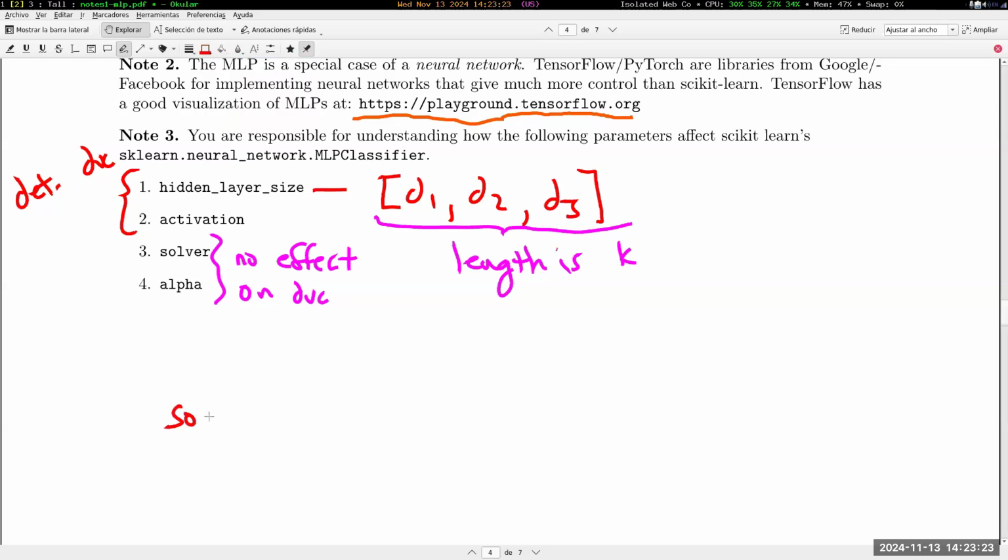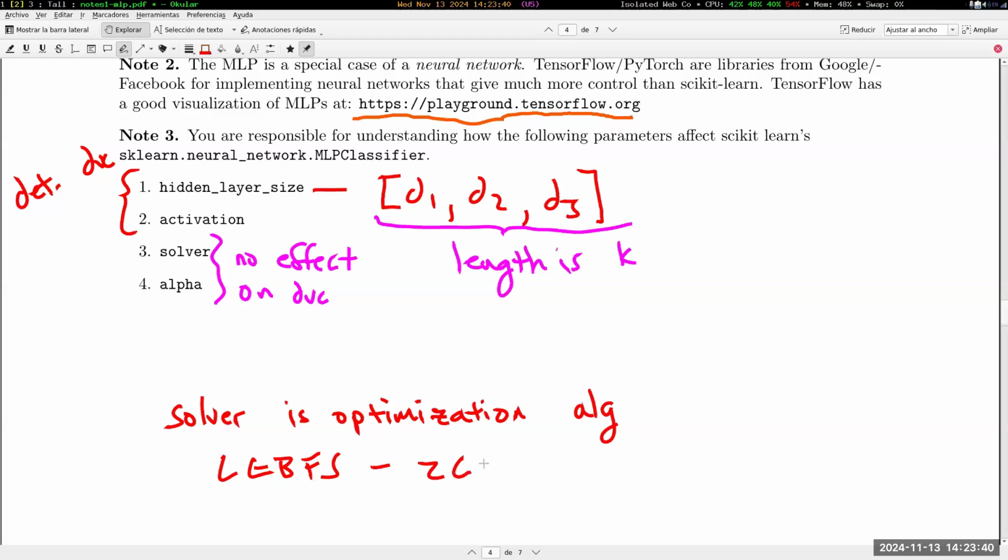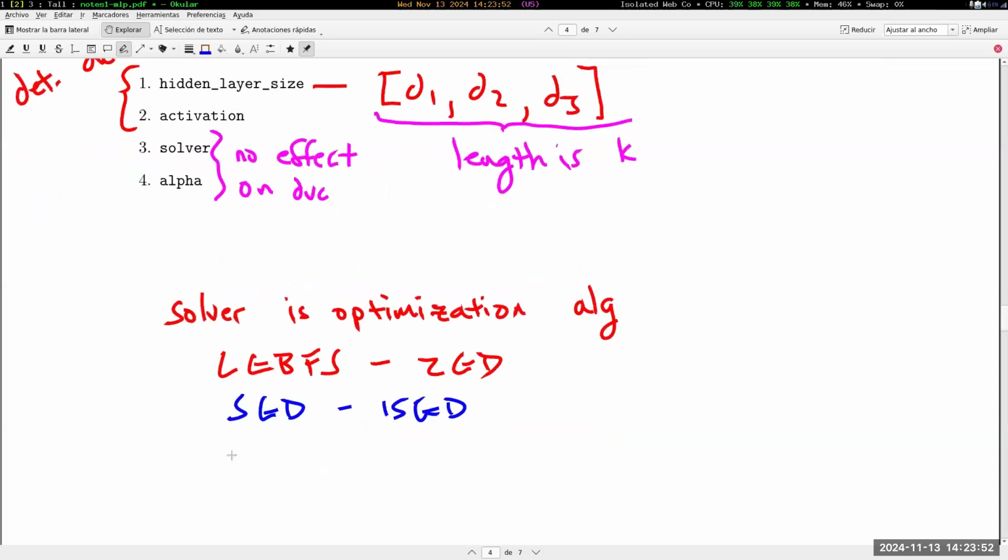The solver is the optimization algorithm that you can choose to use. And there's three choices. L-BFGS is one method for second-order gradient descent, and then one called SGD, which is just the standard one, and then one called Adam, which is an SGD variant.